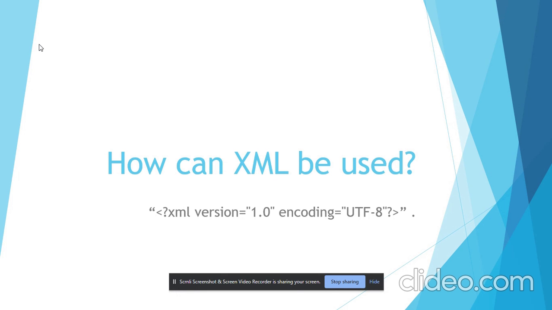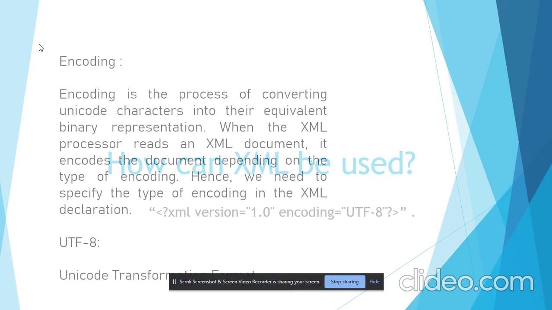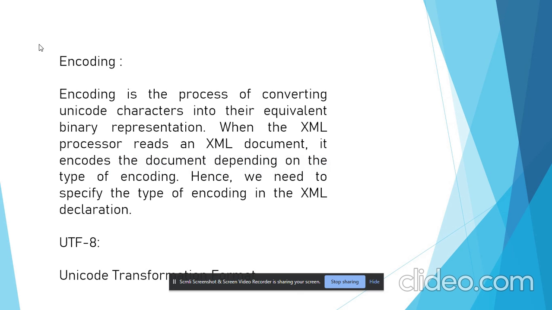Now we discuss how to use XML. First, we have to declare the below line: XML version, encoding UTF-8. Encoding is the process of converting Unicode characters into their equivalent binary representation.